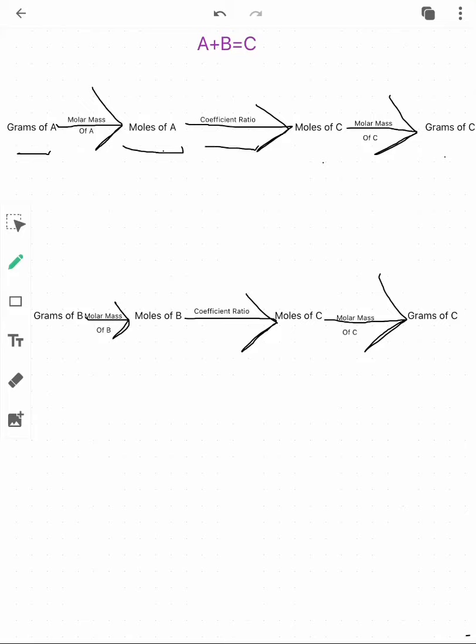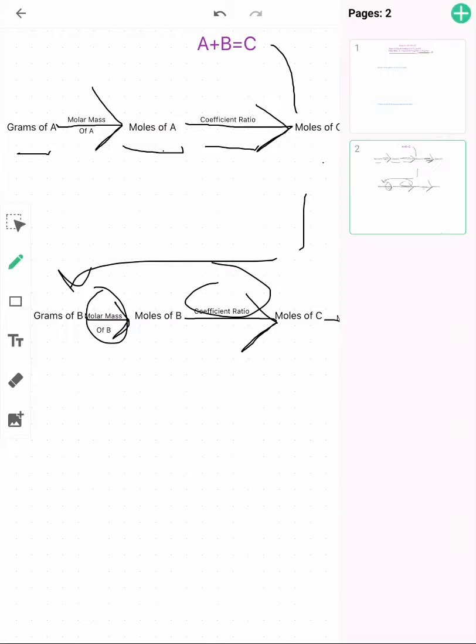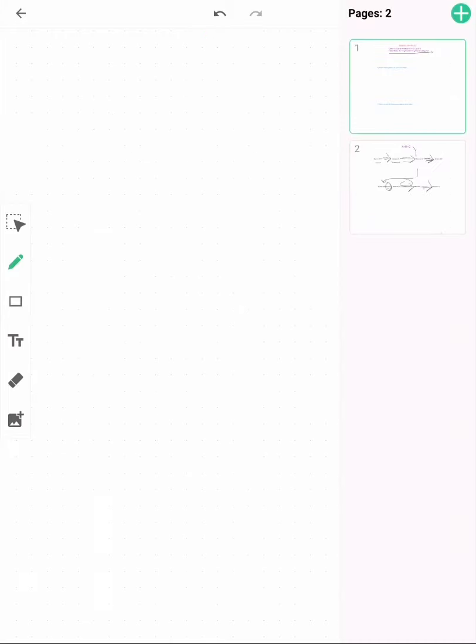And from moles of C to grams of C, we use the molar mass of C. The process stays the same for B, but the molar masses and coefficient ratios change. Like I said, you don't have to memorize this, it's just a roadmap if you have trouble understanding it. Okay, so now back to the question.